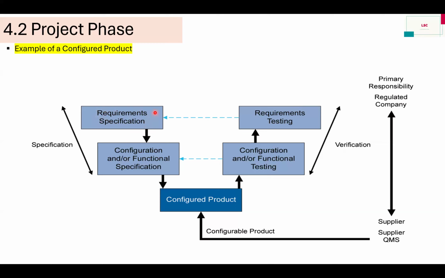We have some URS. Accordingly there is some configuration and some functional specification work. So we just configure our product, our application. Accordingly, we check whether our configuration works or not. So testing should be there. And after that, requirement versus testing, meaning whatever our URS says, accordingly we have to do the testing.